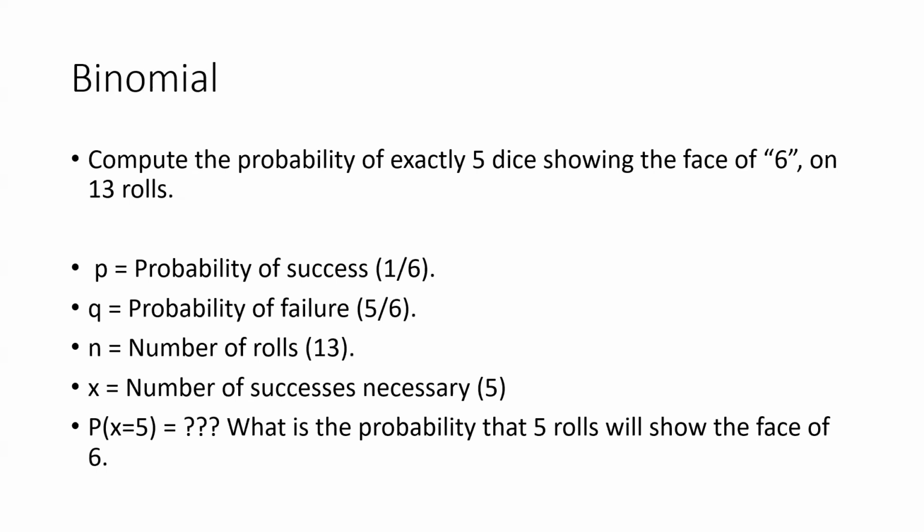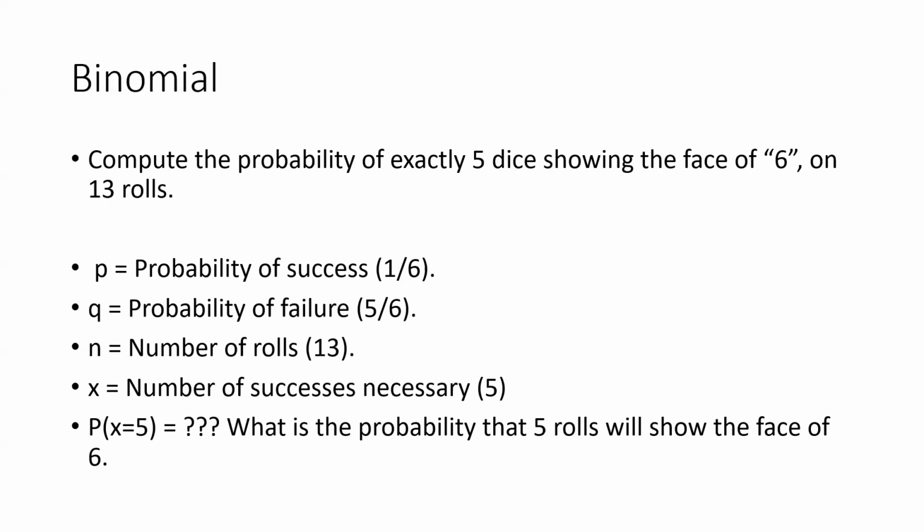Looking at the symbolic notation for the binomial distribution, P is the probability of success, Q is the probability of failure, N is the number of rolls, X is the number of successes necessary, and P(X = 5) is the probability that 5 rolls will show the face of 6.